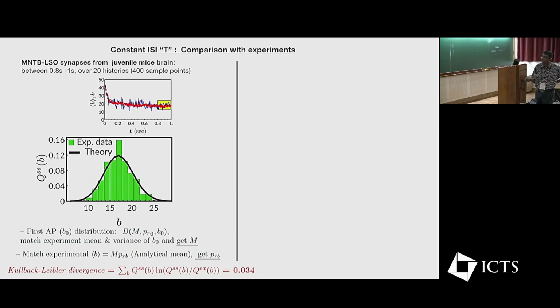So we matched the mean, and in a particular way, we estimated this M not from the steady state data but from the first release data, because we were told by the experimental collaborators that between every data point they gave the neuron a lot of rest. If you give it a lot of rest, then the first release should be according to this binomial given by this capital M. So M can be obtained from there. And then using those two parameters, we matched the Kullback-Leibler divergence.